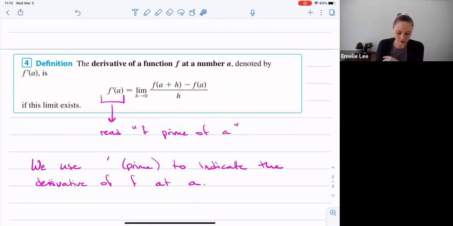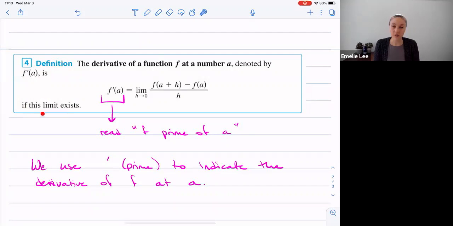So, of course, there's only a derivative if the limit exists. So there are cases, which we'll talk about later, where the derivative doesn't exist. Okay? But in general, that would be cases where the slope of the tangent line doesn't exist or there is no tangent line, right?